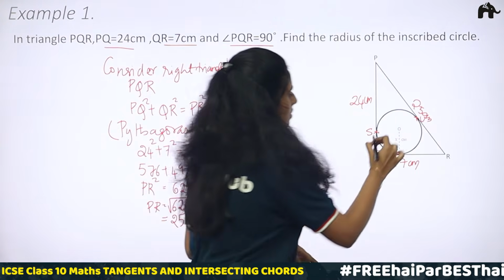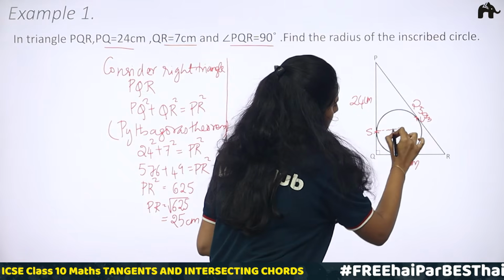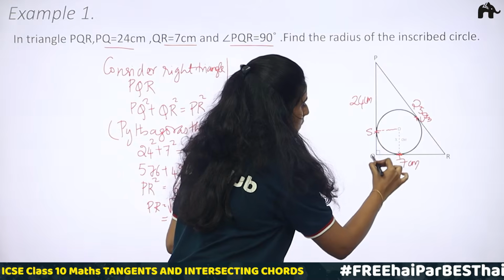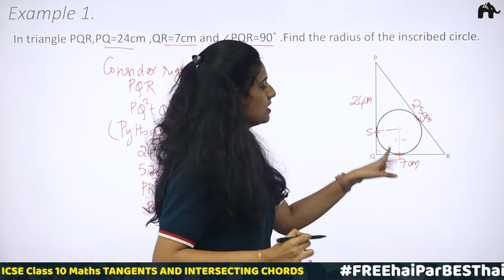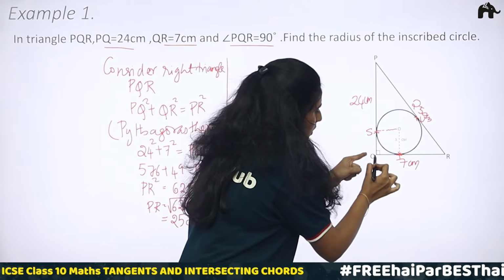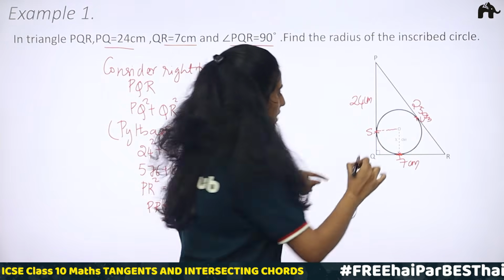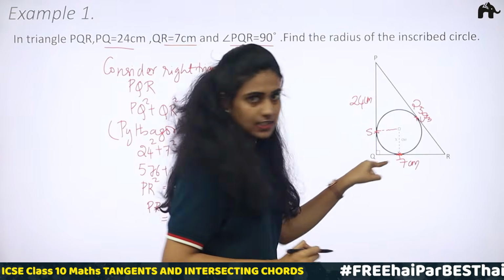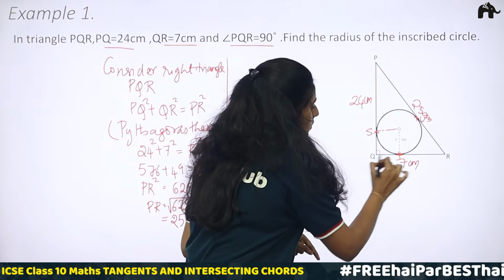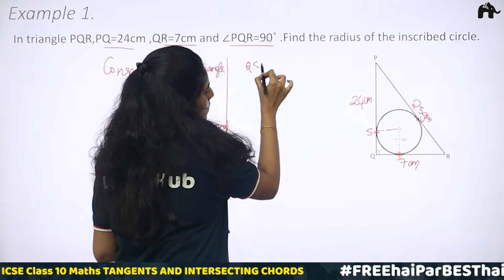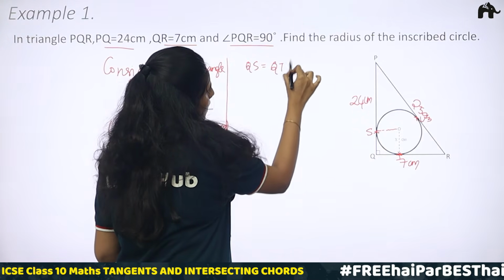Okay. Now, when I consider this small figure, OSQT, OSQT is a square. Why? Because this Q is an exterior point, and from this exterior point there are tangents drawn to the circle. Okay. So the length of tangents should be equal. Therefore, QS will be equal to QT.